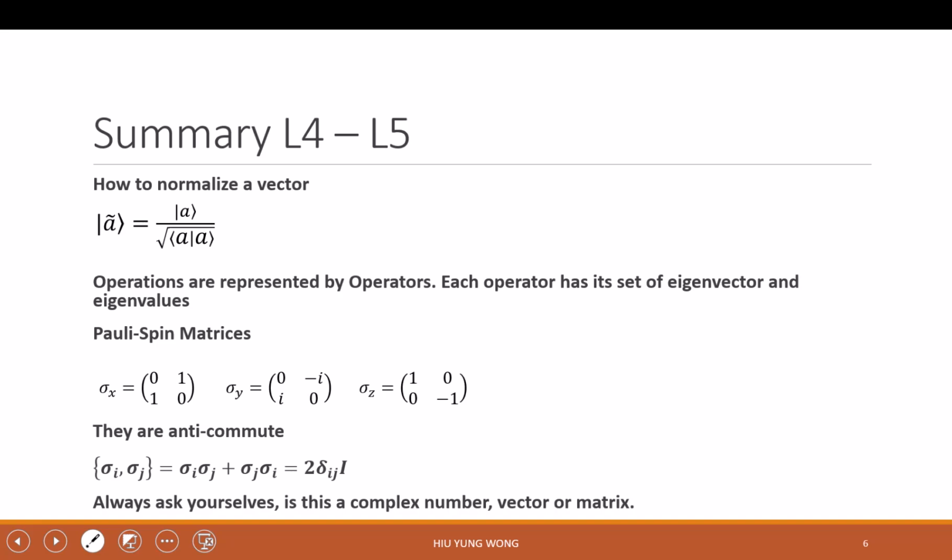And why NVIDIA is so successful: at the beginning, the GPU was to process gaming graphics. You need it to be very, very fast, and to do the graphics you need a lot of matrix multiplication, which is very time consuming. So they had special hardware, the GPU, to do matrix multiplication.